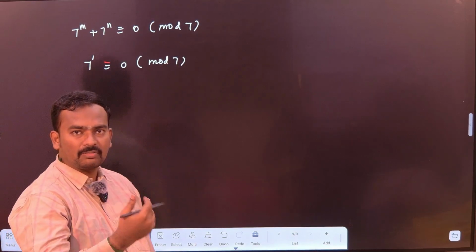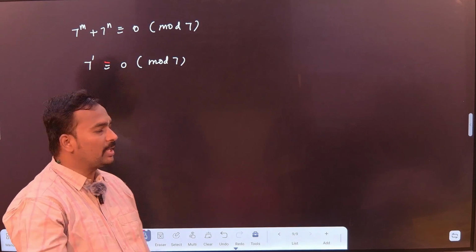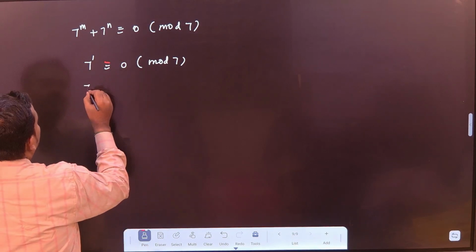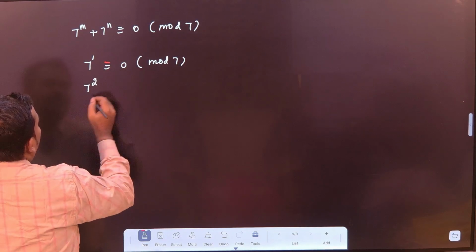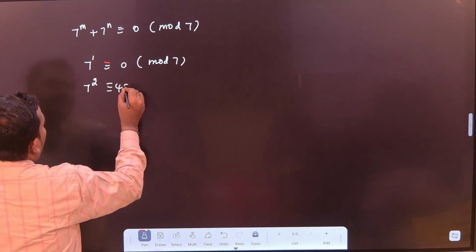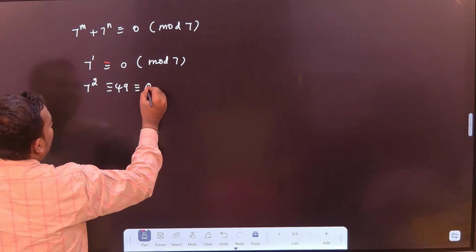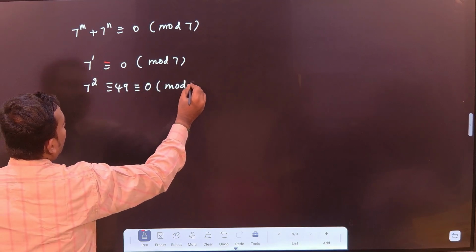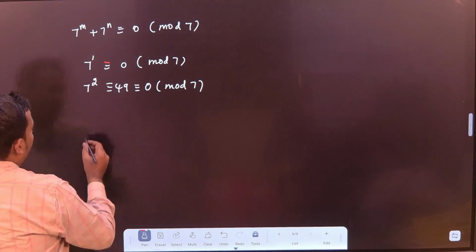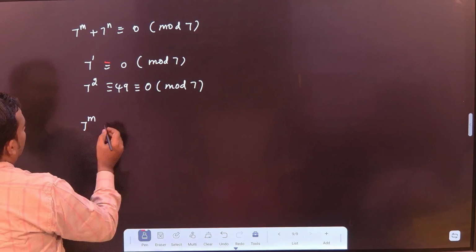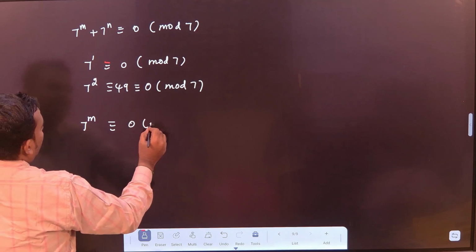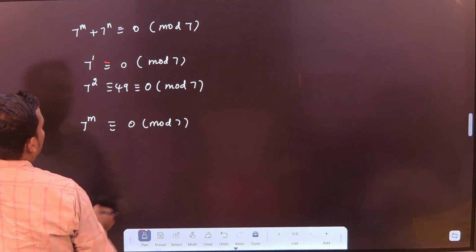When you take 7 and divide by 7, you will get remainder 0, right? And then you can take 7 square, it is 49. When you divide by 7, the remainder is 0, right? The same way, if you raise 7 to some positive integer, that also has remainder 0 modulo 7.